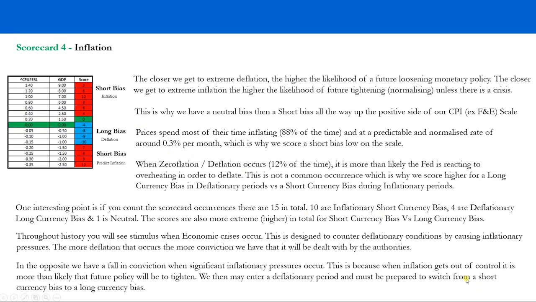So we should be getting a good grounding, a thorough understanding now of how the scorecard system works, and in the broader sense, how we analyze macroeconomic numbers as part of an overall systematic process, how we interpret those numbers, and how we scorecard them as inputs and drivers to the overall systematic analysis, with the intention of being objective and obtaining a bias on the value of the currency.